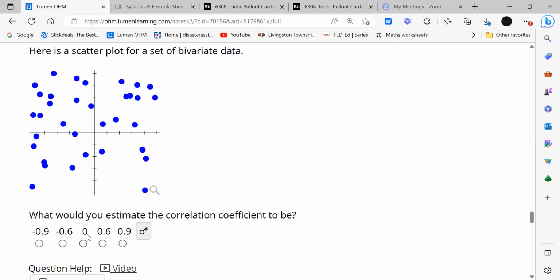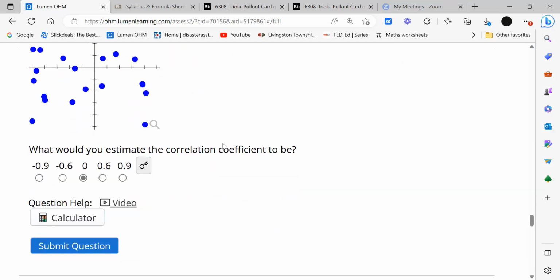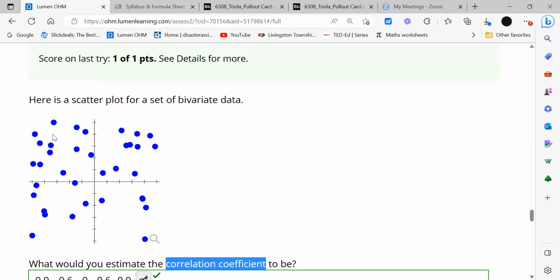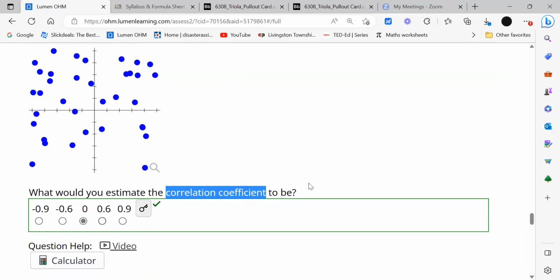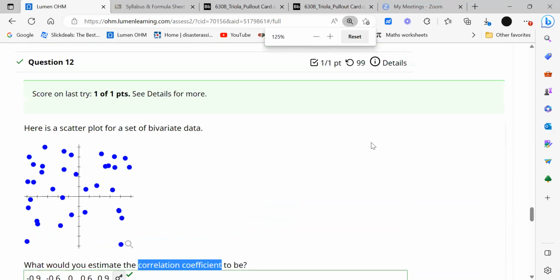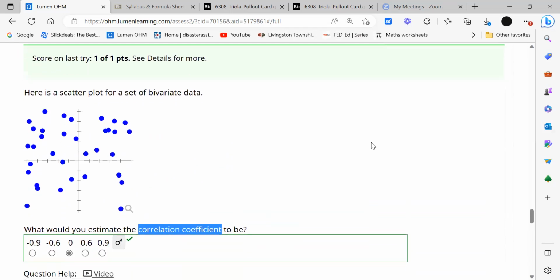So it probably is 0. It's a random plot, with no relationship between those two variables, so the answer is 0. Any question about it?